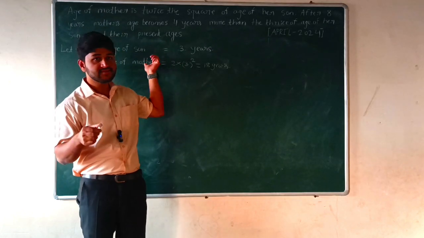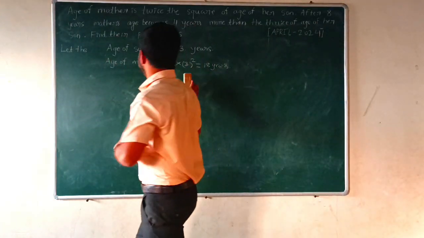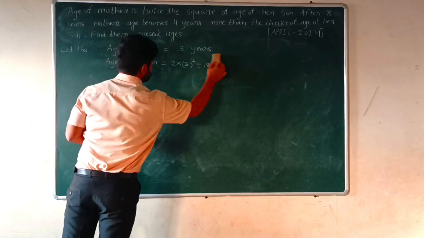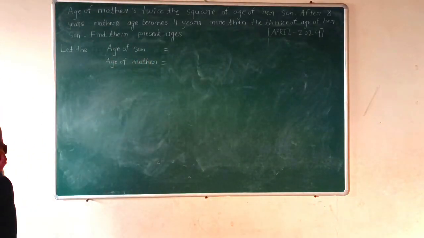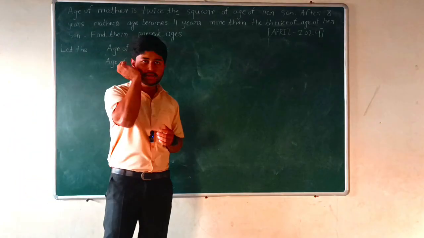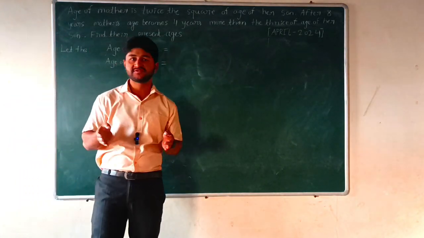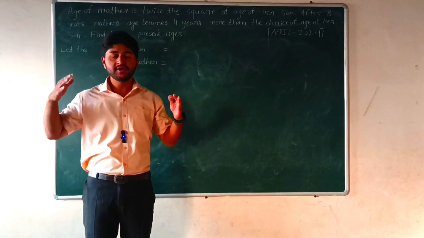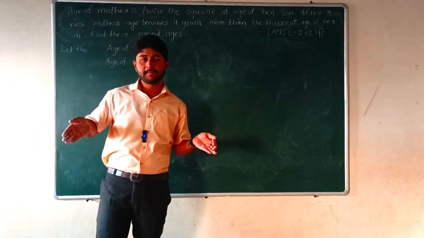Okay, but the problem here is that we do not know the age of the son. So whenever we don't know some quantity, we take it as a variable.